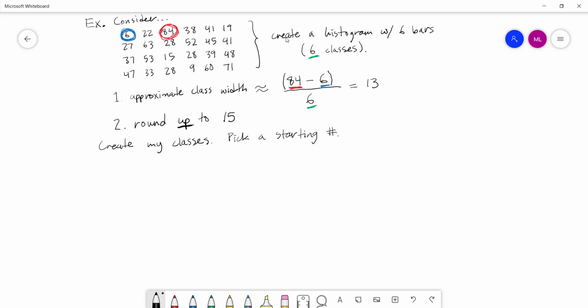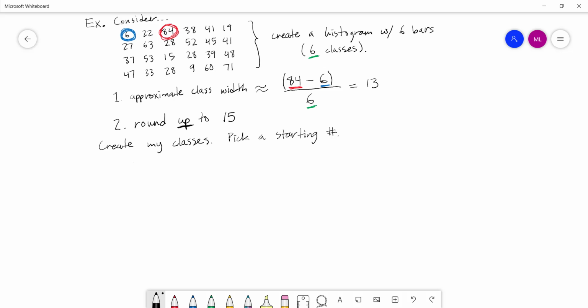We could pick 6 to be our starting number, but that's a weird number to start with, especially if we're talking about ages. If I pick 0, that's basically babies. Babies haven't turned a year yet. I can include those in the data set that we're dealing with. So it makes sense to pick a starting number based on the context of the problem, what the values represent. In this case, I'm going to pick 0 as my starting point.